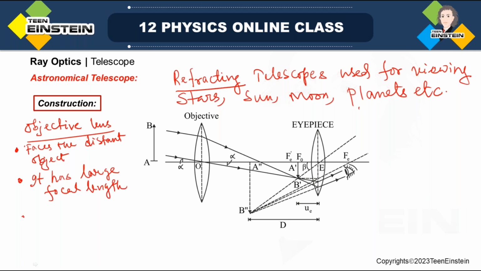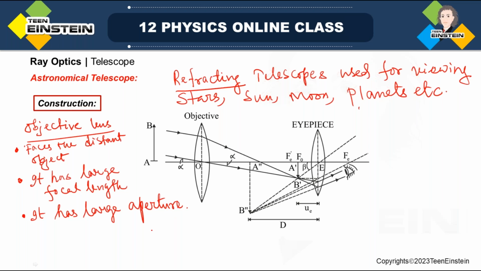And the third and important point is it has large aperture. Why do you need this large aperture of the objective? Because you want to see a very prominent image, right?